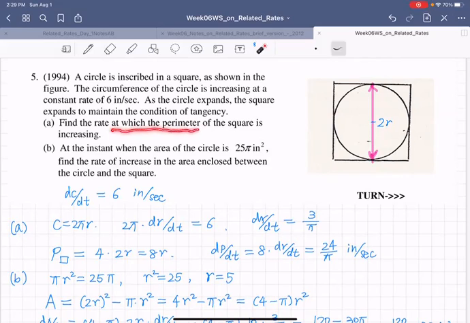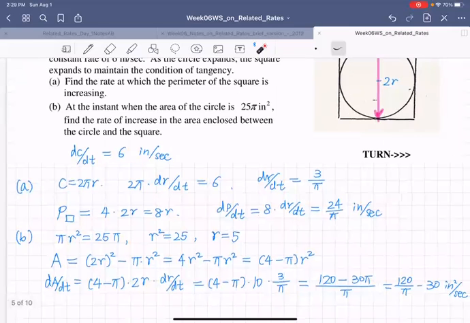Find the rate at which the perimeter of the square is increasing. They give you the dc over dt, and they ask you this guy over dt, correct? Now let's pay attention to here.